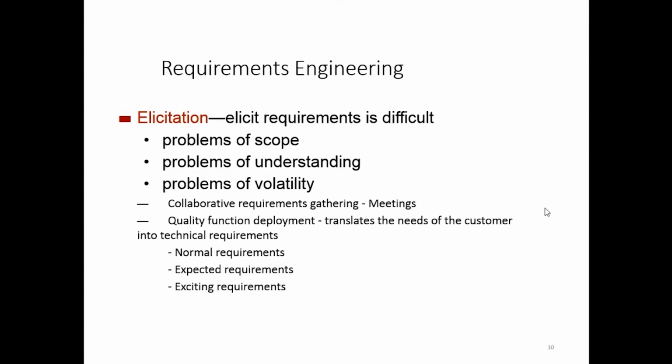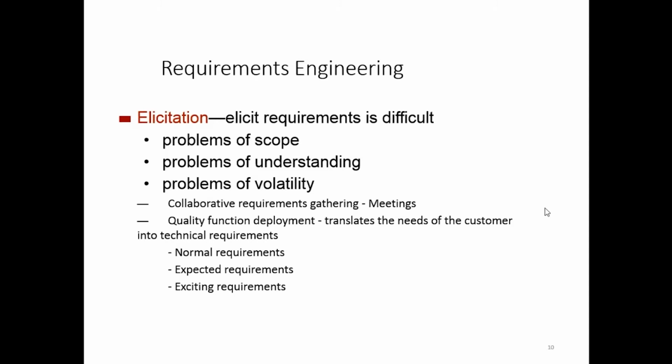Then eliciting requirements is difficult due to the problem of understanding what is wanted from the customer side, what the actual problem domain is, and what the computing environment is in which your software can be built. Another one is the problem of volatility, that is, the requirements can change over time from the customer side.